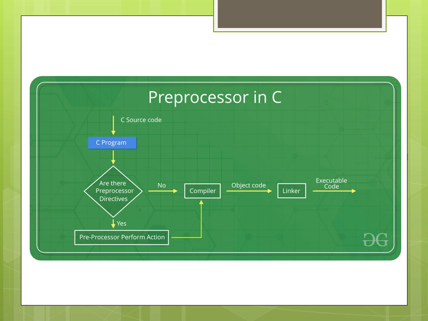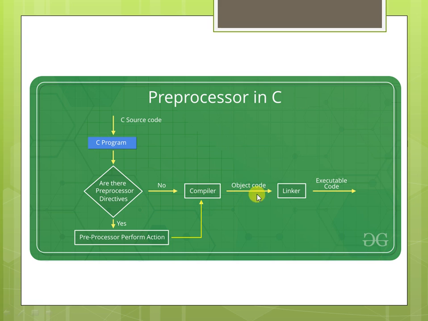That means if we write hash include iostream.h, or hash include math.h, or any other header file or any other dictionary, these are called the preprocessor directives. If the program does not consist of any preprocessor directive, then it is given directly to the compiler. Otherwise we transform it to perform some actions using the preprocessor directive, and then we give it to the compiler.